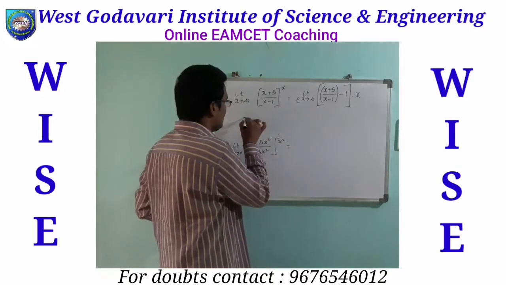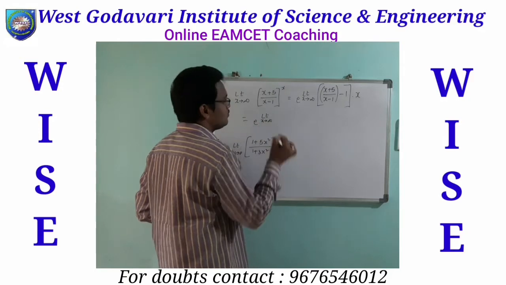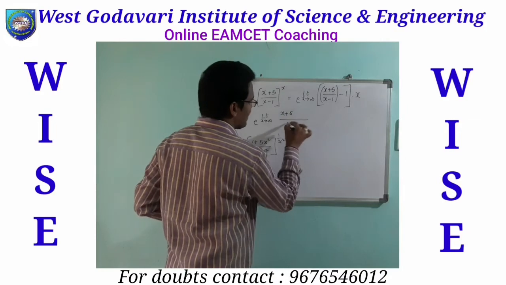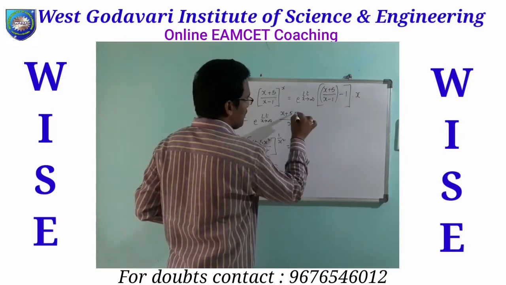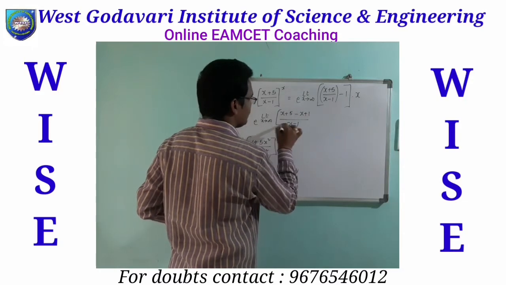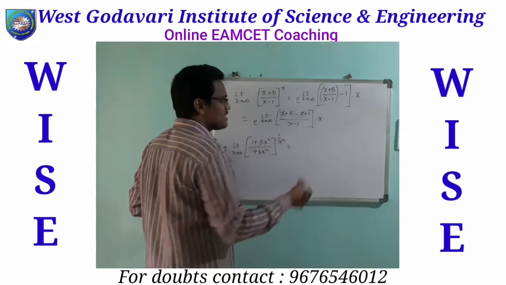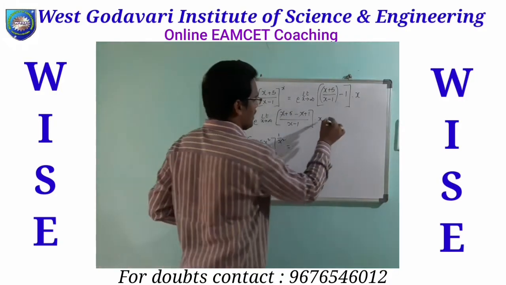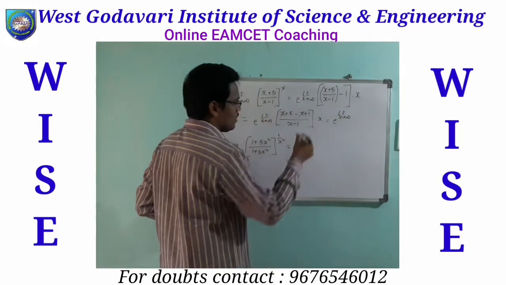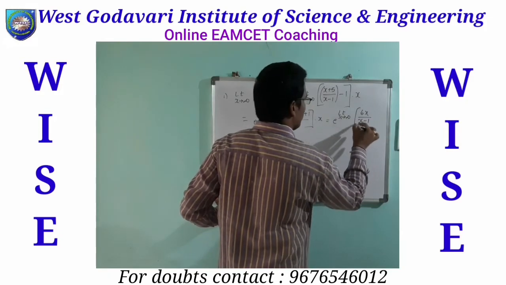This is equal to e power limit x tends to infinity, x plus 5 taking LCM, x minus 1, minus x plus 1, into x. Plus x and minus x cancel each other. Finally the remaining term is e power limit x tends to infinity, 6x by x minus 1.